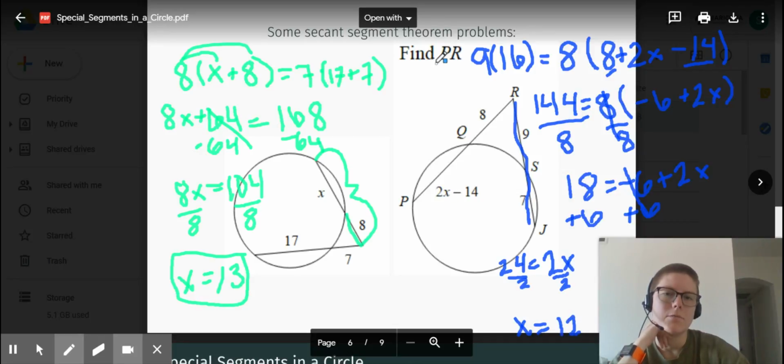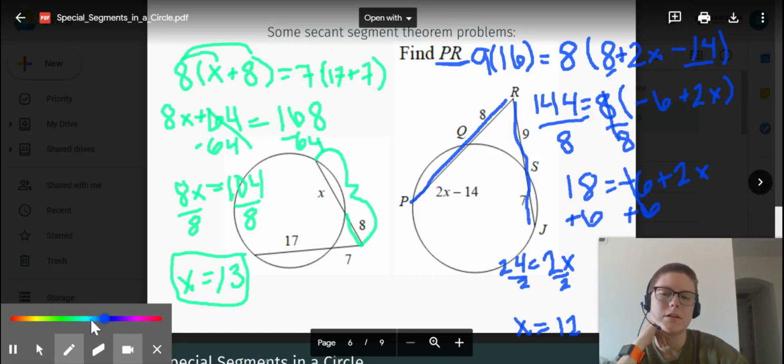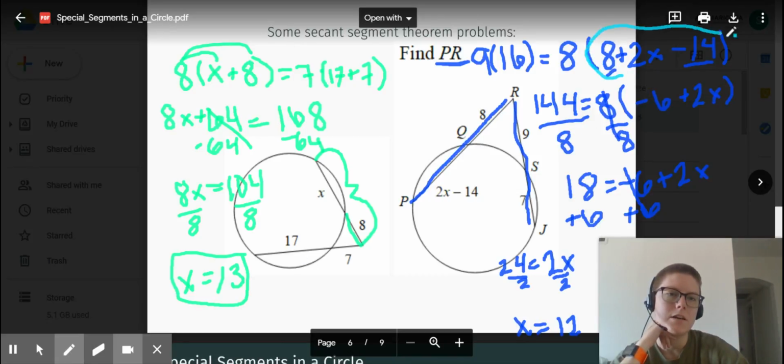All right, and we once again want to find the segment PR. So we want to go back to this guy up here, this 8 plus 2x minus 14, and we want to plug in our 12 where the x was. So 8 plus 2 times 12 minus 14, right?